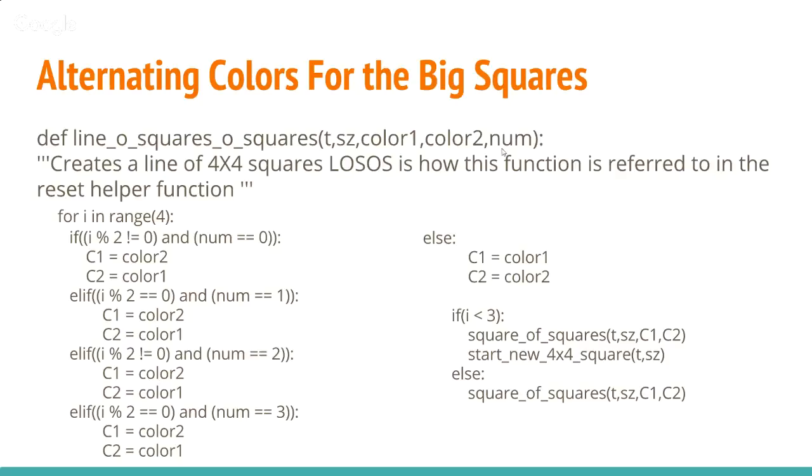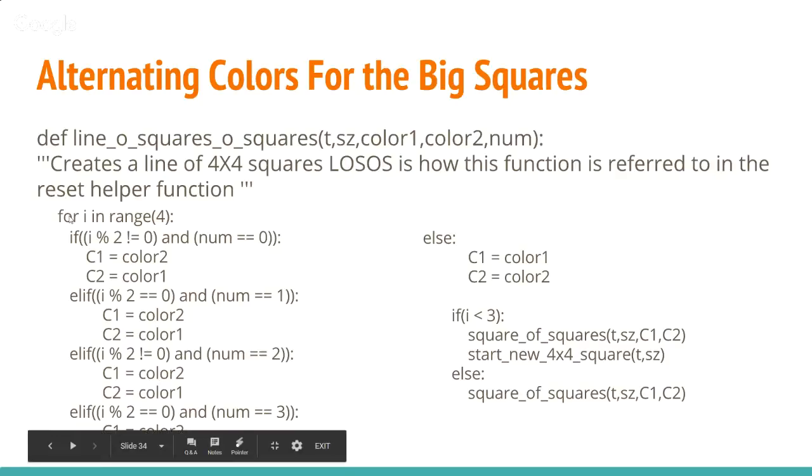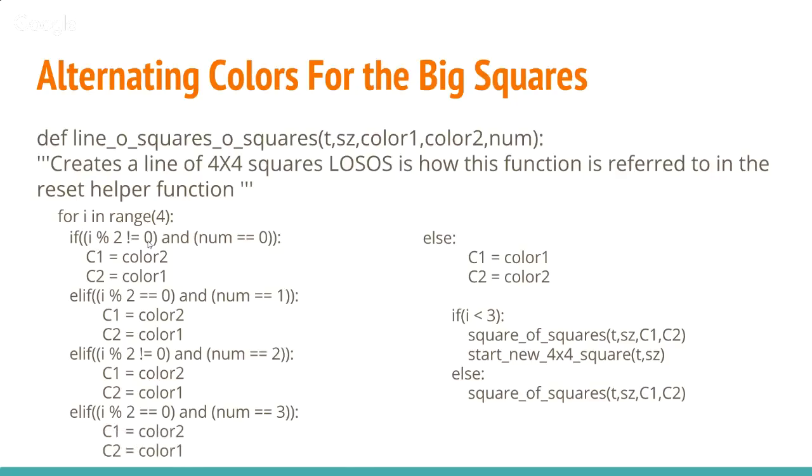I have if I modulus 2 is not equal to 0 but num equals the value of 0, it goes by these color patterns. And then the else if is if I modulus 2 does equal 2 and num equals 1. This is the color pattern.